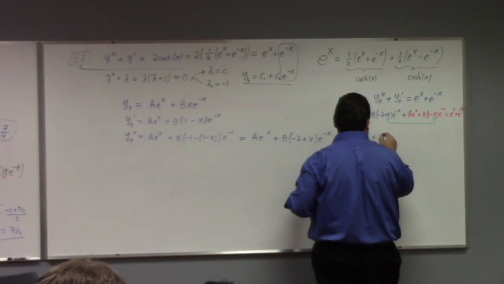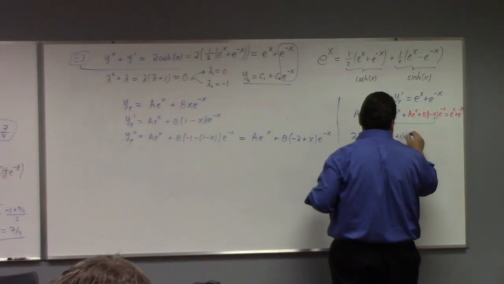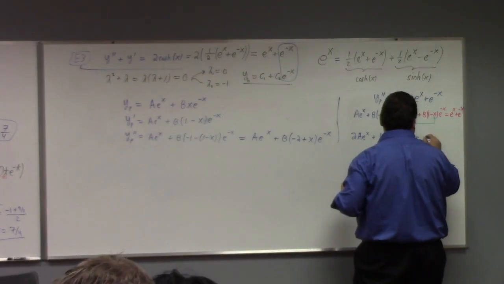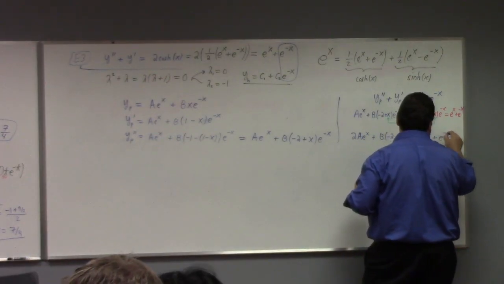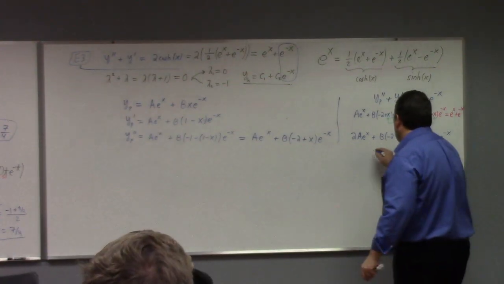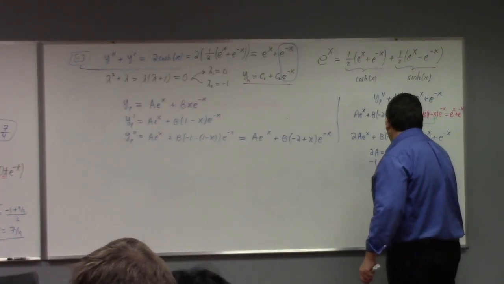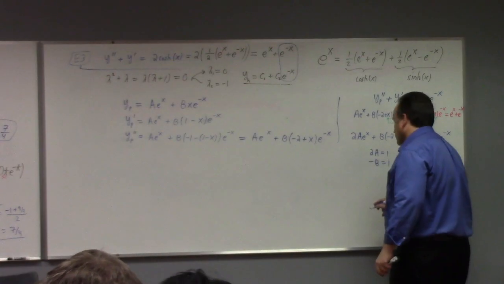We got b times (minus 2 plus 1) e to the minus x is equal to e to the x plus e to the minus x, I think. The x terms are canceling, and so we see from this 2a is equal to 1 and minus b is equal to 1.